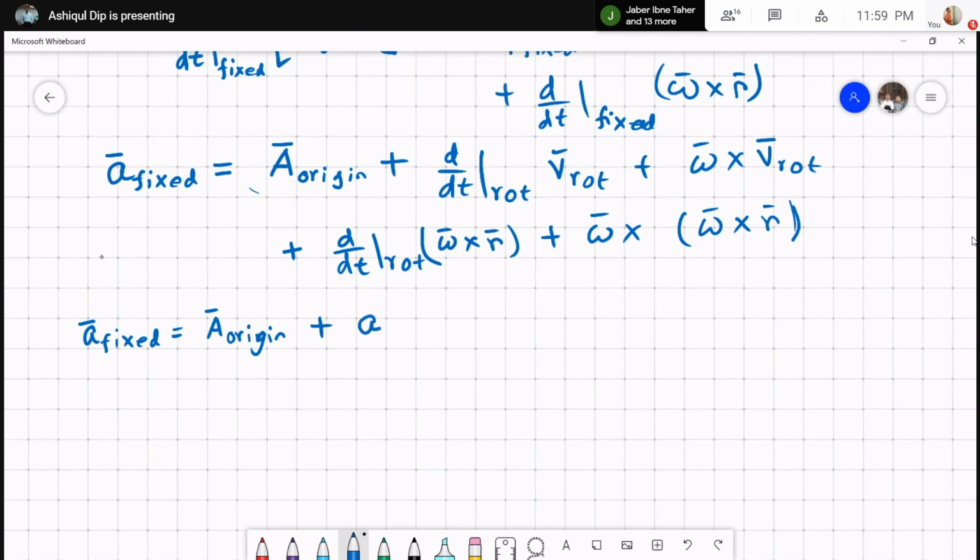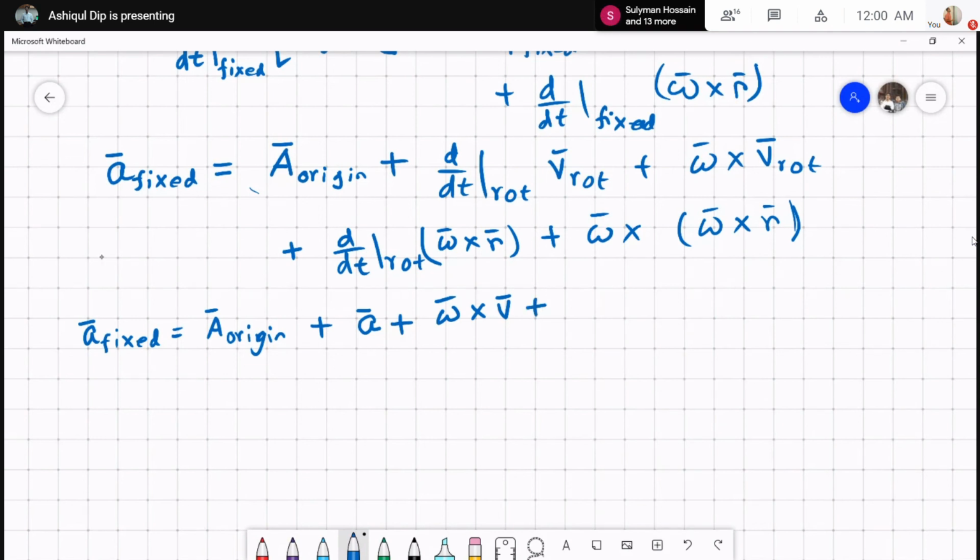We call it just small a. We are going to drop all the rot indices because we need them no more. So d/dt rot V rot is a, plus omega cross V, plus d/dt on omega cross r.